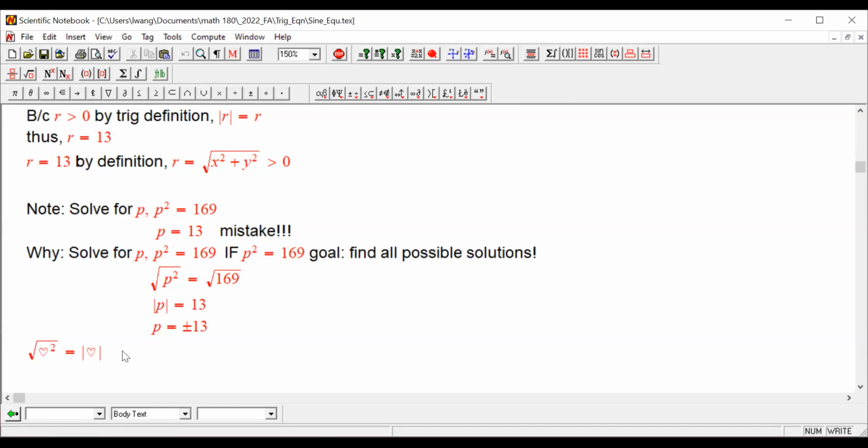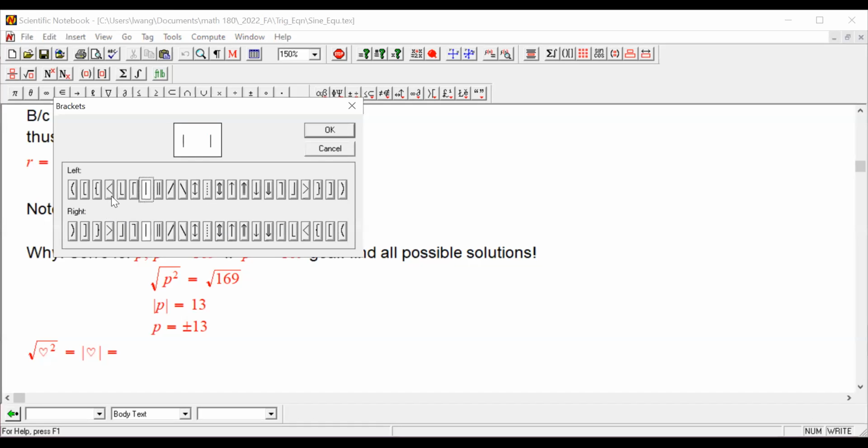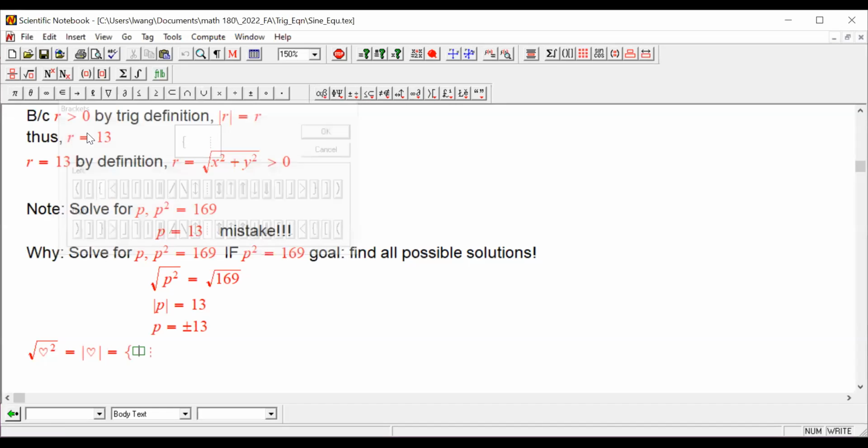Do this always, and then you figure out how to get rid of the absolute value sign. And of course, we have learned this before, and that would be the two pieces.